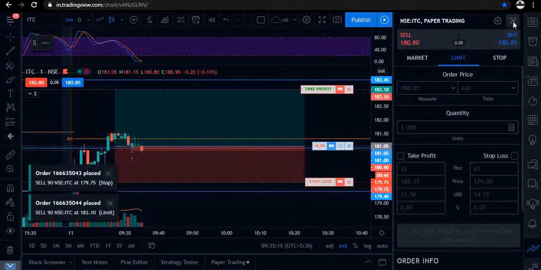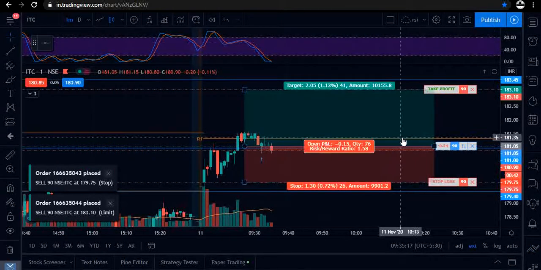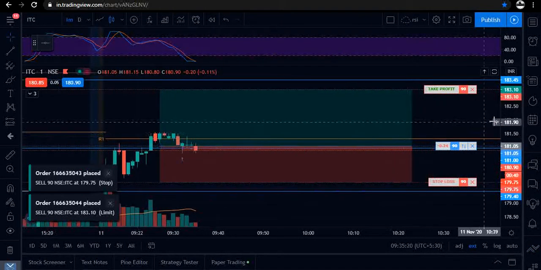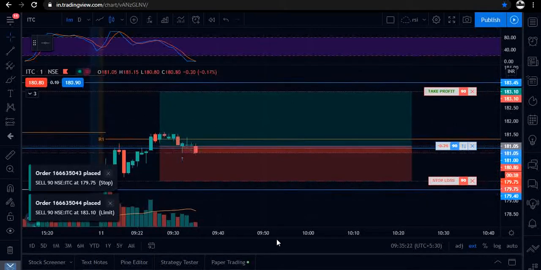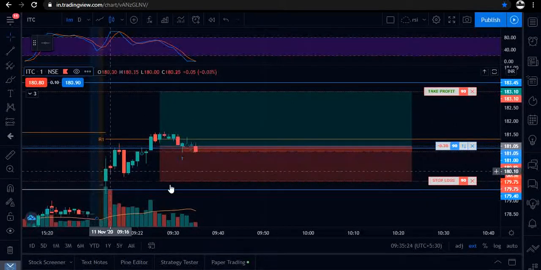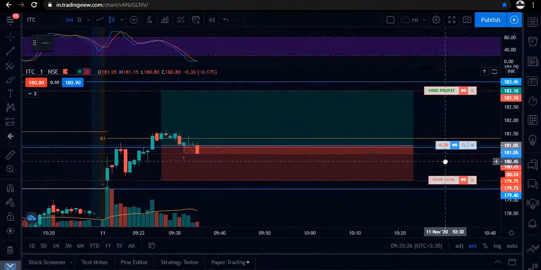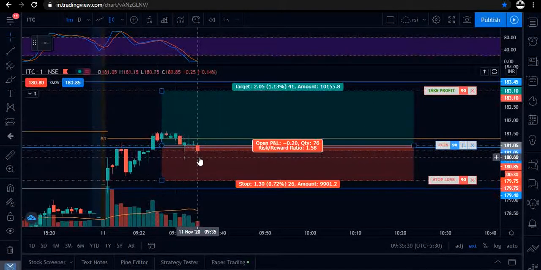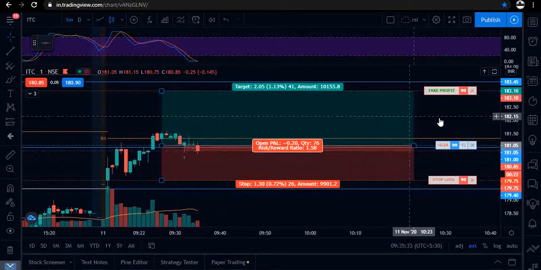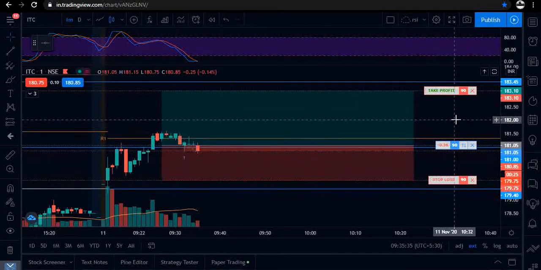Okay traders, we have now placed our target and our stop loss. This is our today's trade, and currently, as you can see here, the price is trying to go against our setup.